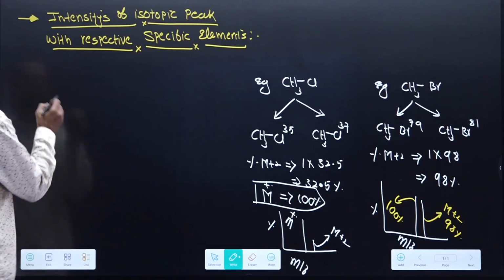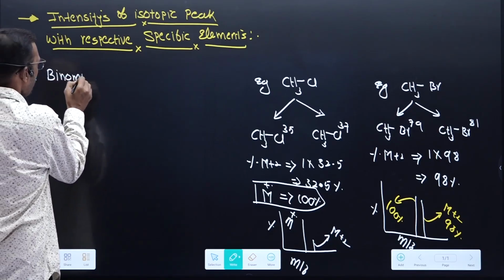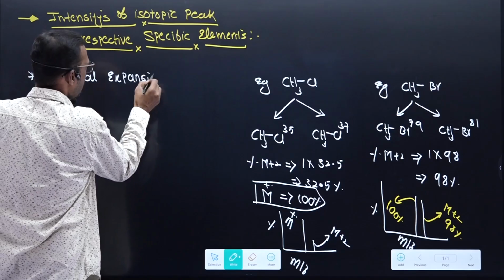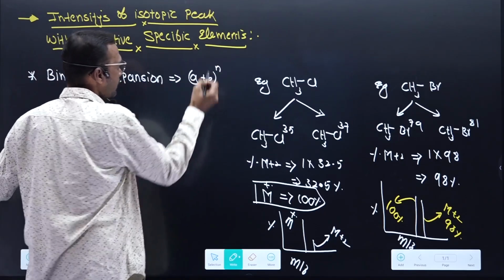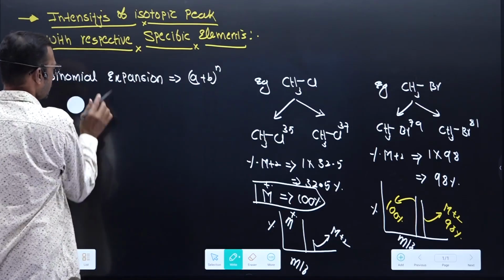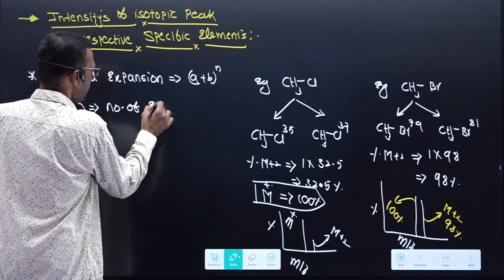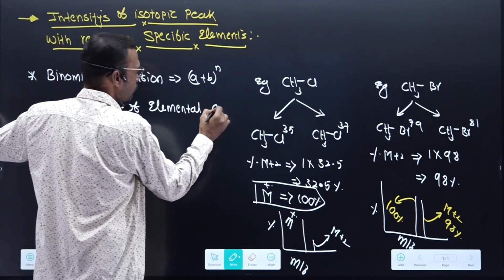Okay. So here we are going to use a binomial expansion. The binomial expansion formula is required for this, that is (a plus b) to the power n. So n is nothing but the number of elemental atoms.